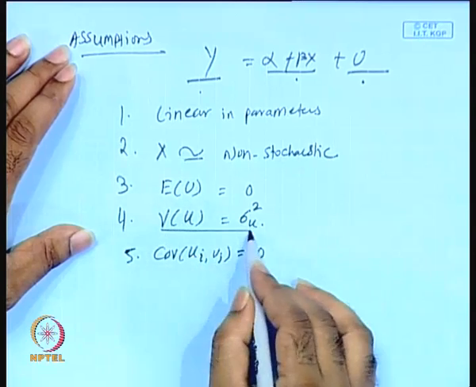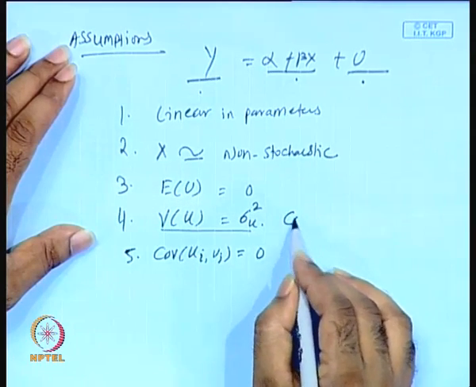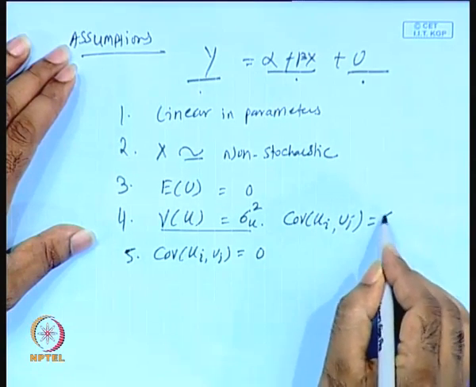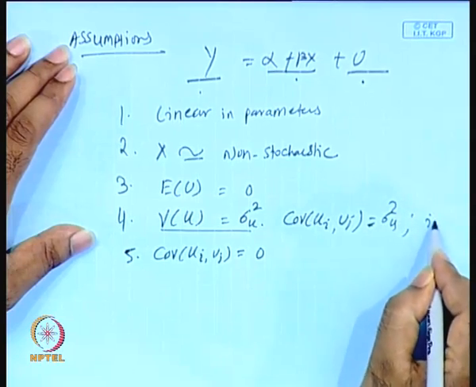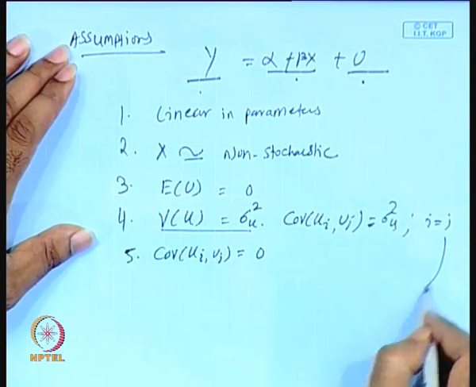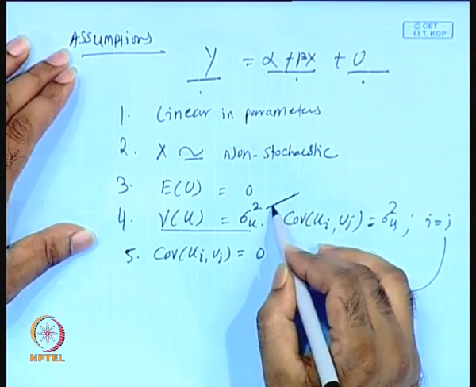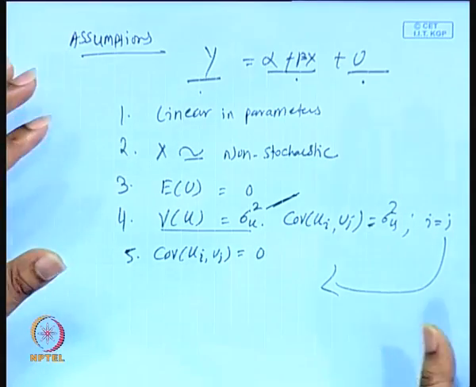The covariance of u i u j equals sigma square u provided i equals j; if i is not equal to j, it comes down to 0. This structure is called homoscedasticity: if the variance of the error term is constant, or unique, it is called homoscedasticity. If that is not the case, the problem is called heteroscedasticity, which is a serious problem in econometric modeling.